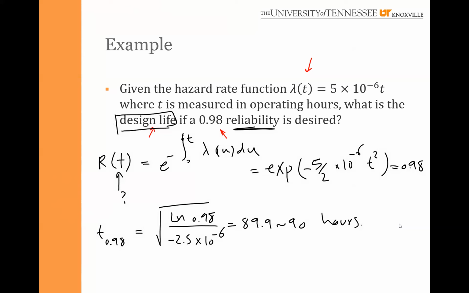Good. Any questions? So no problem moving from lambda to R to lambda, F to R, lowercase f to capital F to lowercase f. You've got to practice moving from each one to the other.